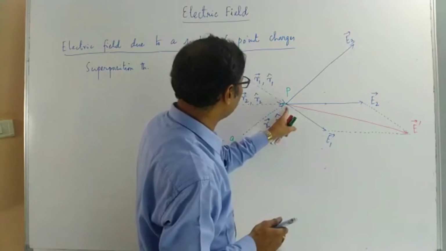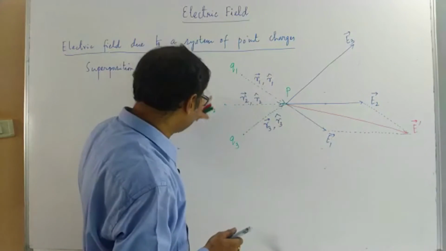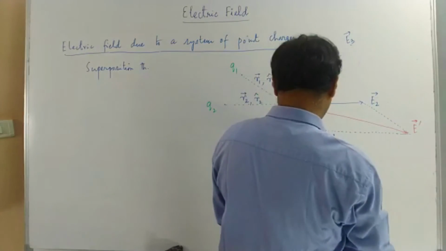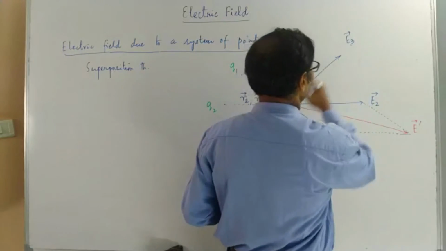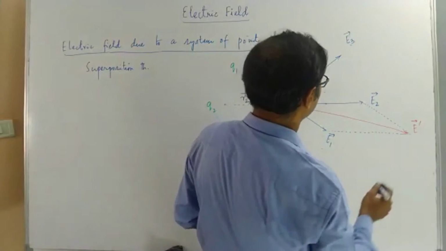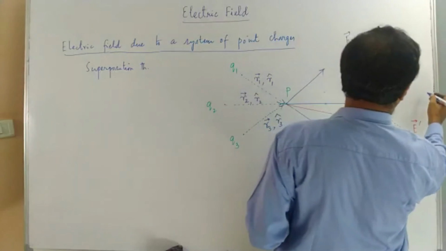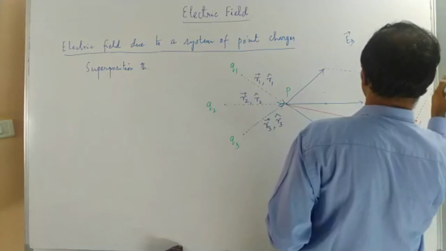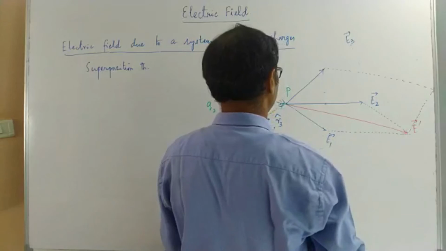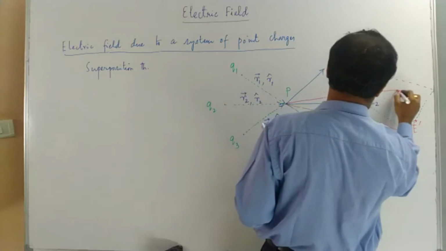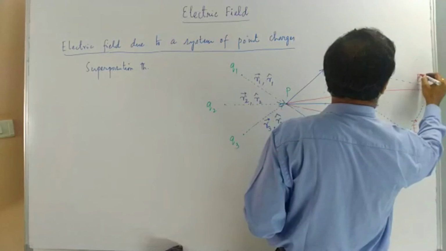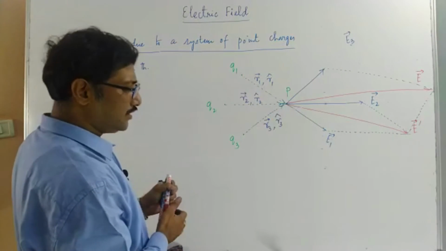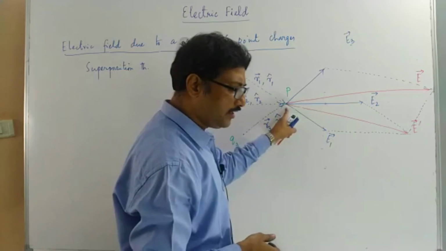If I now want to calculate the total electric field at point P due to all these charges, I need to find a resultant vector of this E dash and E3. So I am getting the resultant like this. Let the resultant be represented by E. So this is how you go on applying the law of vector addition to find the total field or resultant field at point P due to a system of charges.